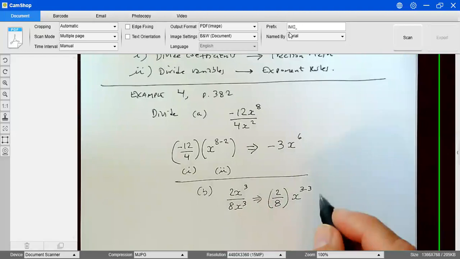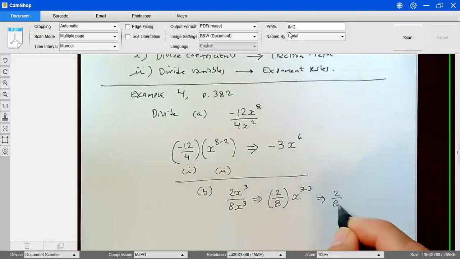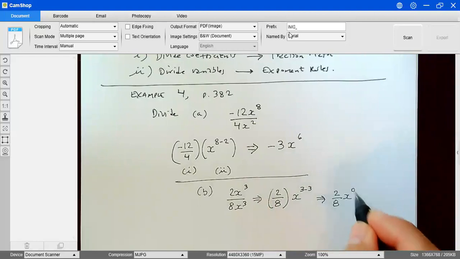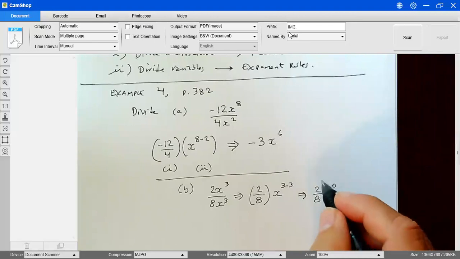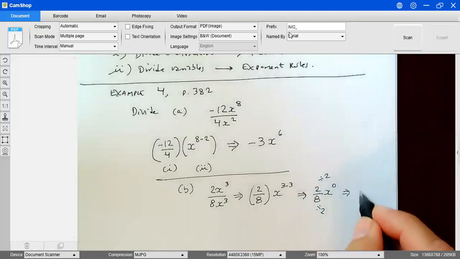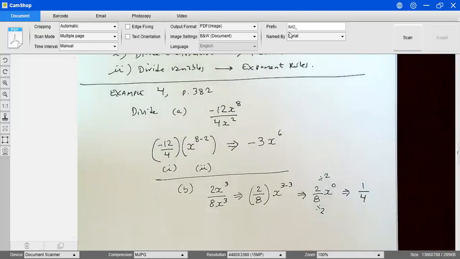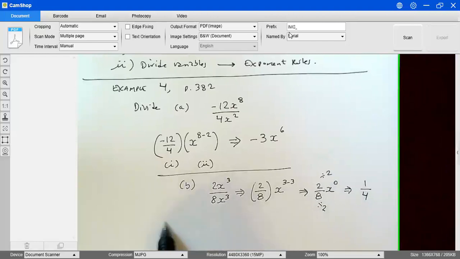So we're going to get 2 over 8, x to the 0. You can simplify 2 over 8 by dividing by 2 both the numerator and the denominator. So you're going to get 1 over 4, because x to the 0 is 1.